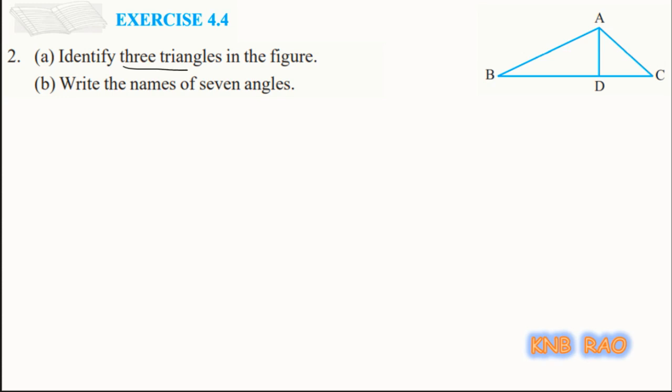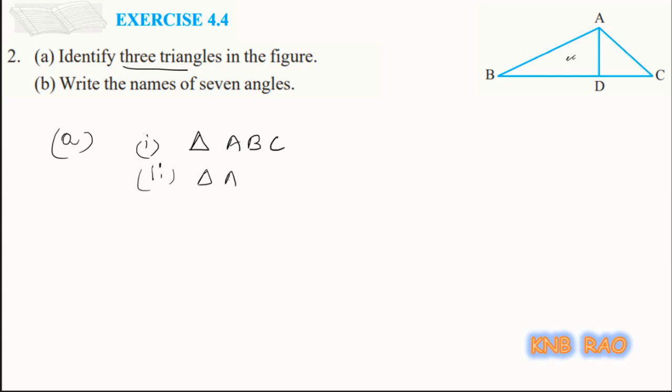Let us see. First, which are the triangles? Triangle ABC is a bigger one. I am taking it first. And then by drawing AD, I got this bigger triangle divided into two pieces. The first piece is this portion.